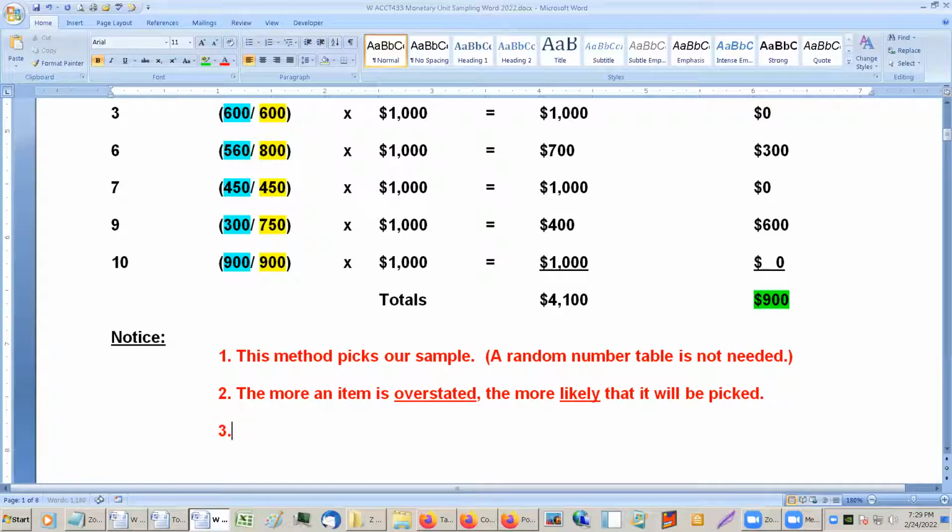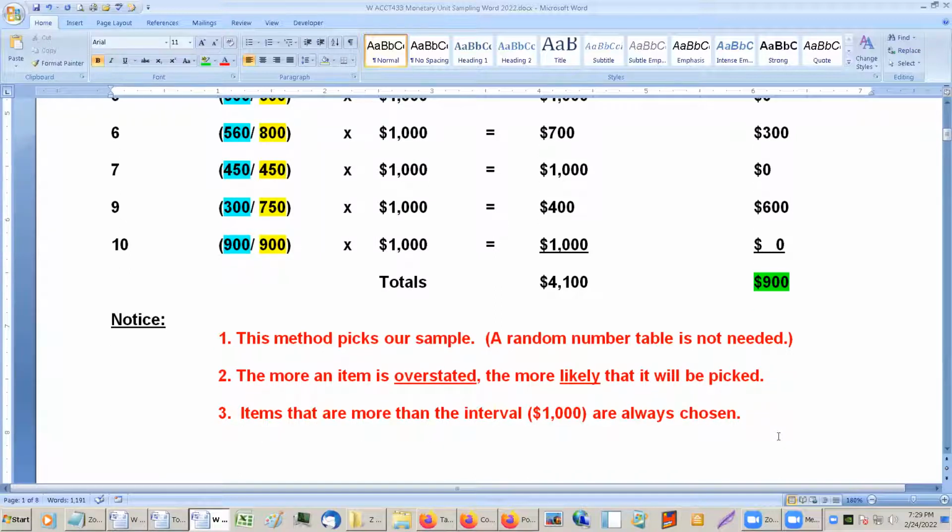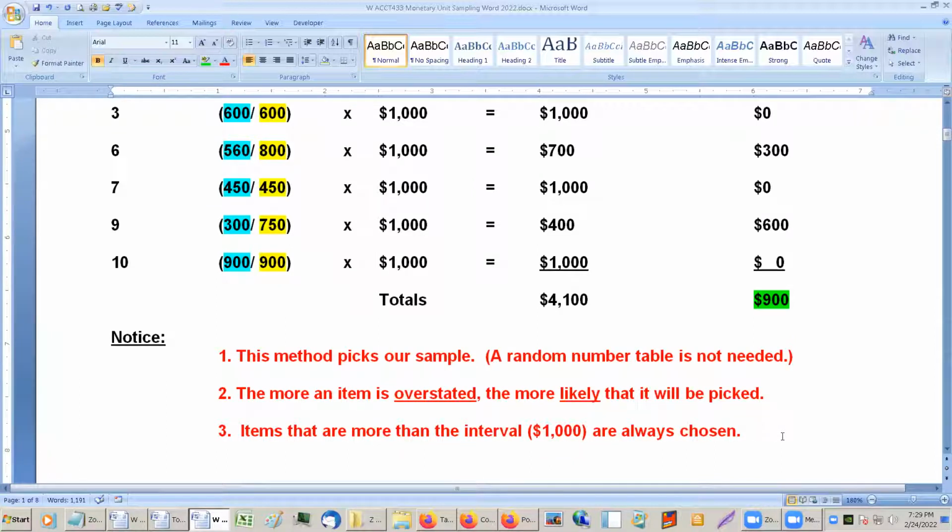In this case, 1,000. If it's more than 1,000, it will definitely be picked, and that's really good for us.